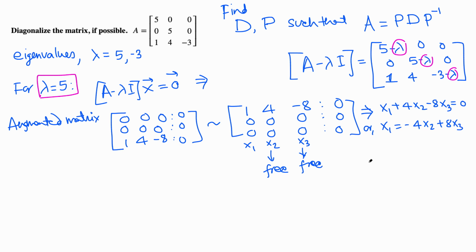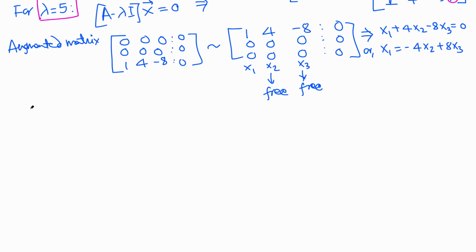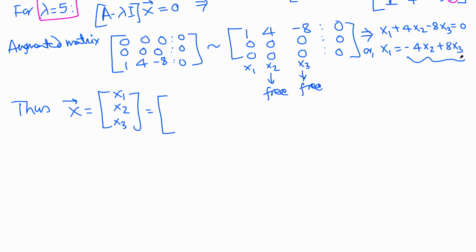Thus the corresponding eigenvector is x1, x2, x3, which is negative 4x2 plus 8x3, x2 because it's a free variable, and x3.